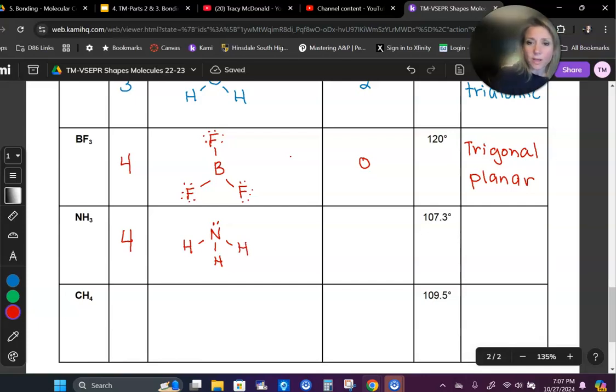And this one has one lone pair of electrons around the central atom, and these are going to spread out and push the bonds down. And so the shape of this one is called pyramidal or trigonal pyramidal.